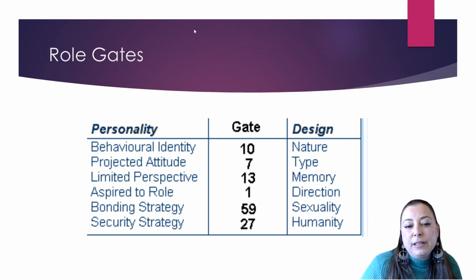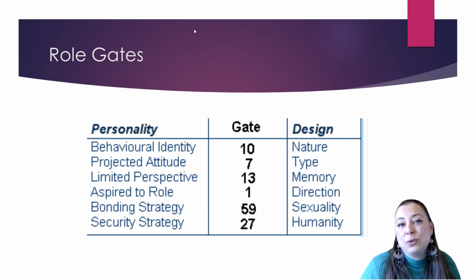Then we have the bonding strategy, which is the preemptive strike for the first line. Shyness, the second. Openness, the third line. Brotherhood, sisterhood, friendship, the fourth line. Casanova, femme fatale, the fifth line. Seduction.